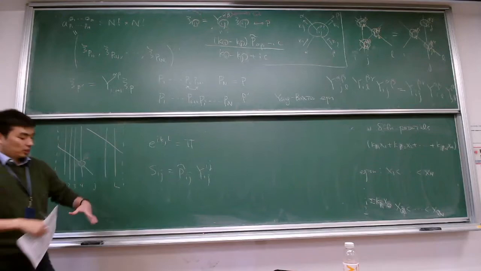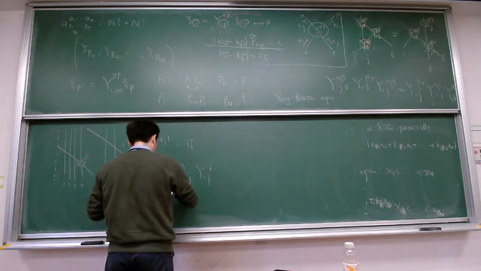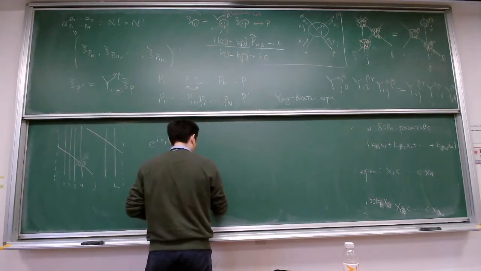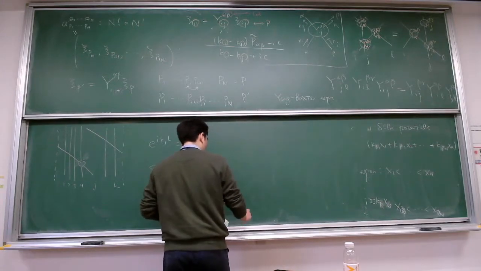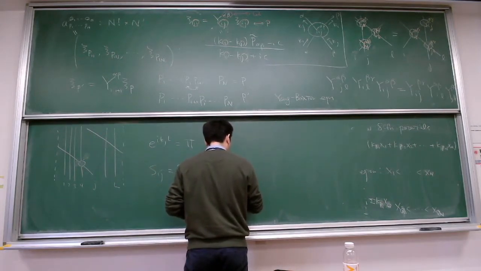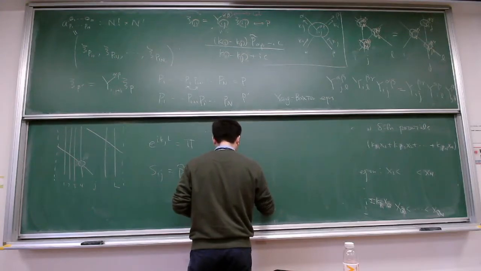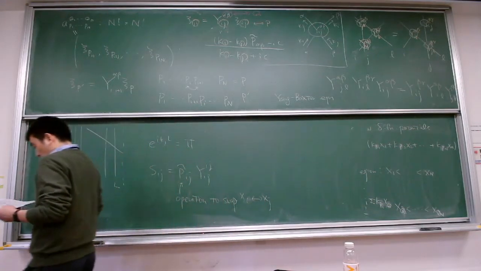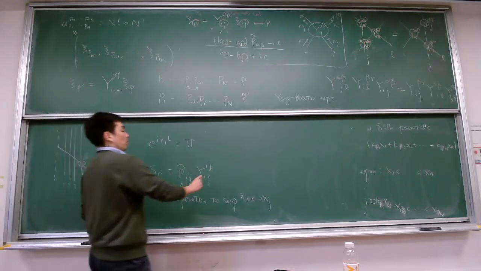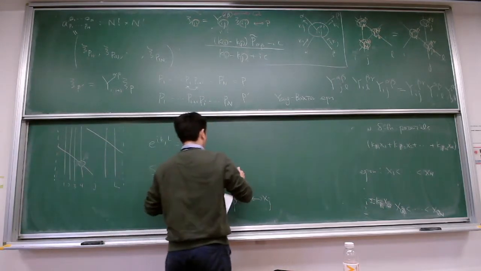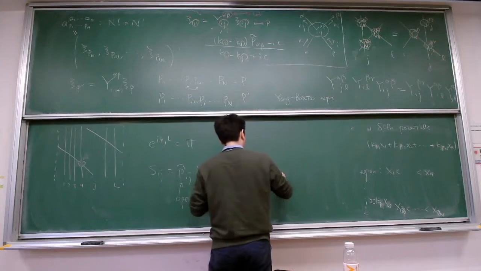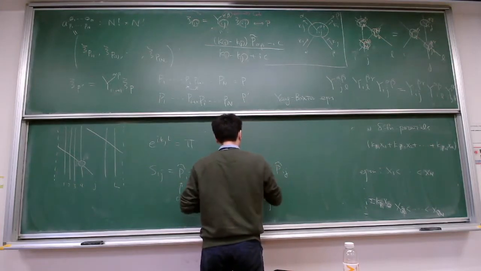Here P̃ is the operation that swaps the coordinates x_α and x_β, x_i and x_j. So you need to introduce this one. If you plug this one in, what you get is (k_i − k_j − ic P̃_ij) divided by (k_i − k_j + ic).